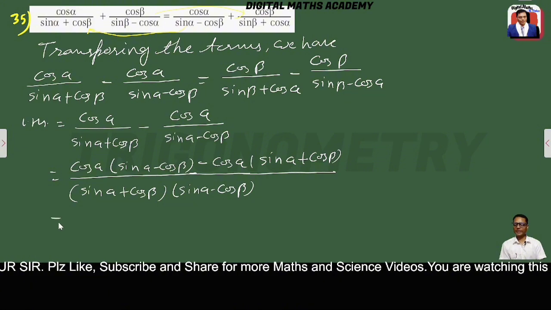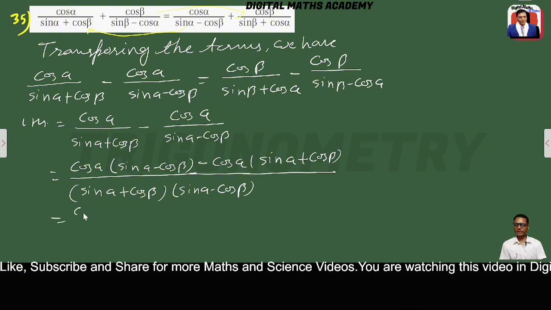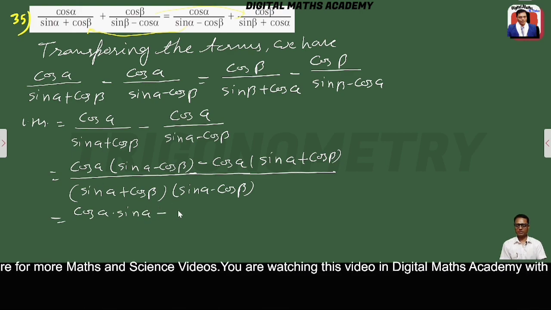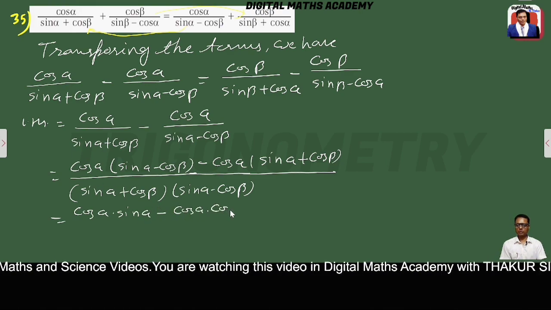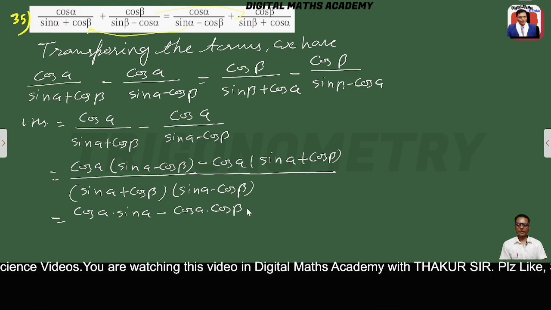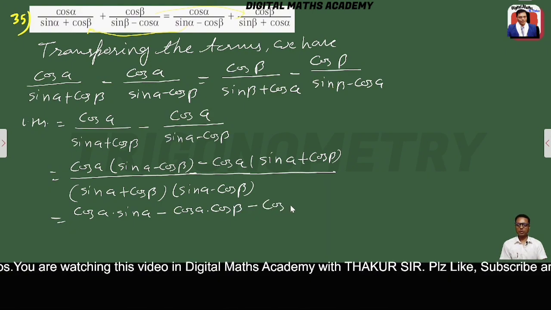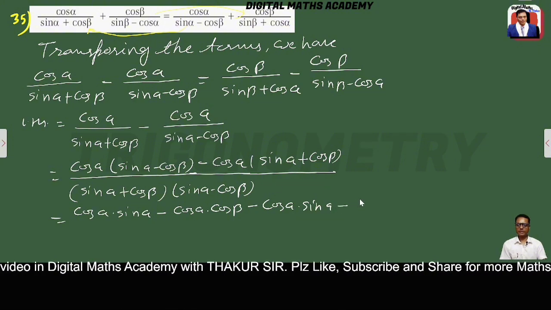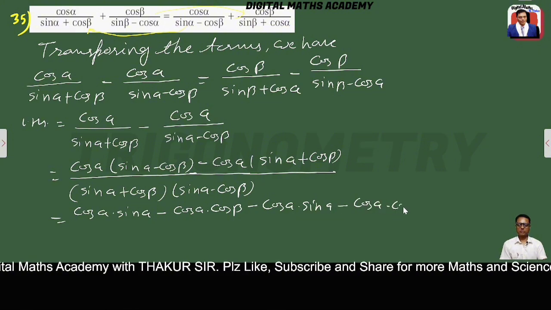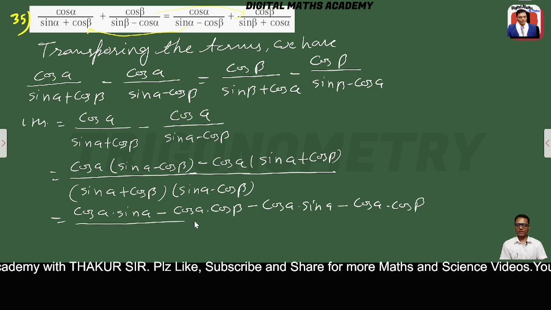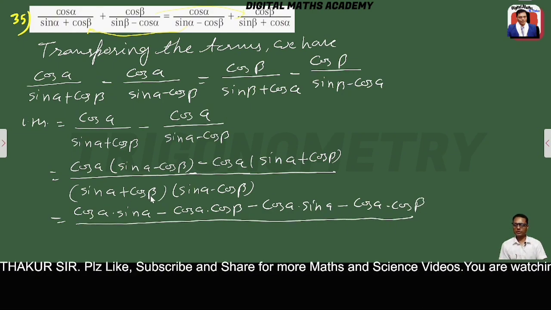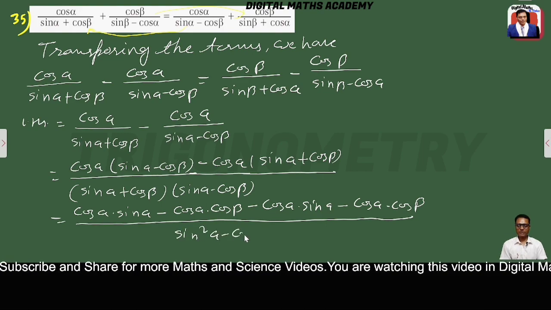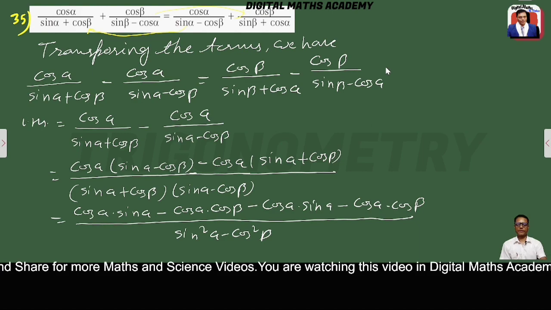So we are going to open the bracket at the numerator. So when you open, we can write here cos alpha dot sin alpha minus cos alpha dot cos beta. Here also you open the bracket, so we can write here minus cos alpha dot sin alpha, and minus times minus we write here plus cos alpha dot cos beta. And at the denominator we see here a plus b, a minus b, so you can write here sin square alpha minus cos square beta, right?